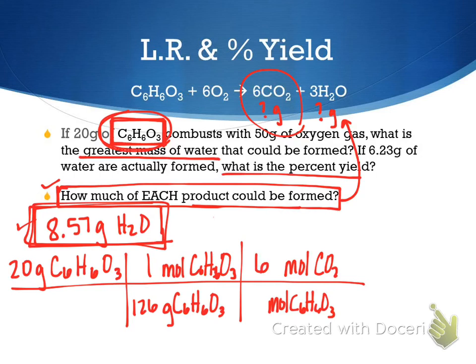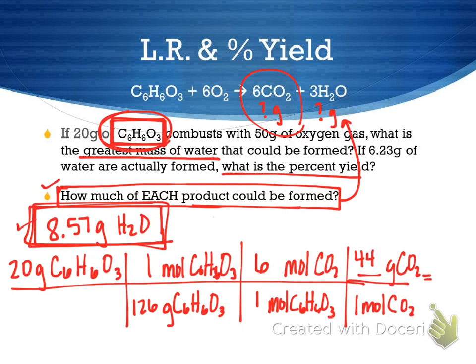These numbers come directly from our balanced formula. Then we want to go from moles of CO2 to grams of CO2, and the molar mass of CO2 would go right here. We'll calculate that to come out at about 44 grams.